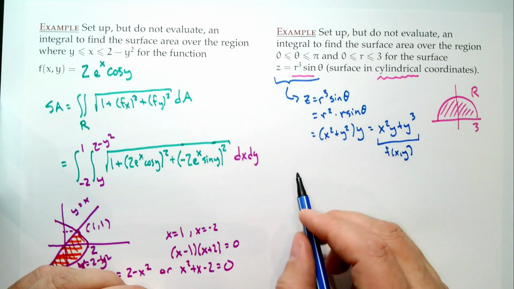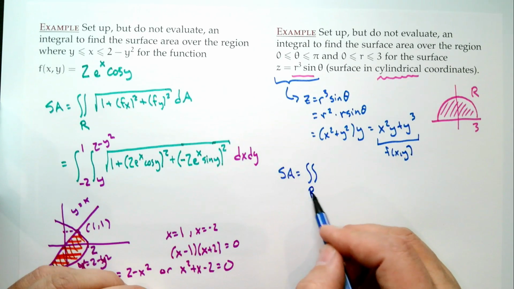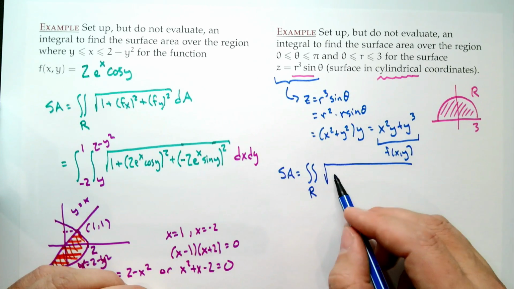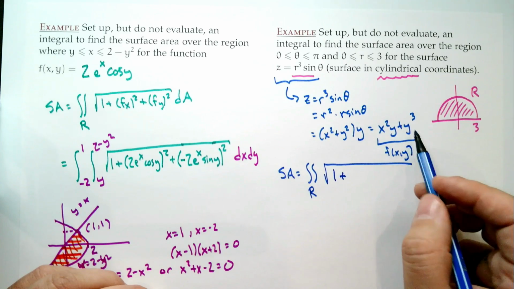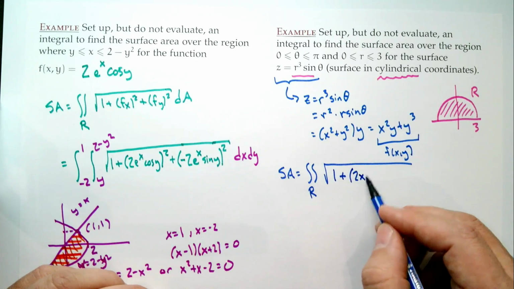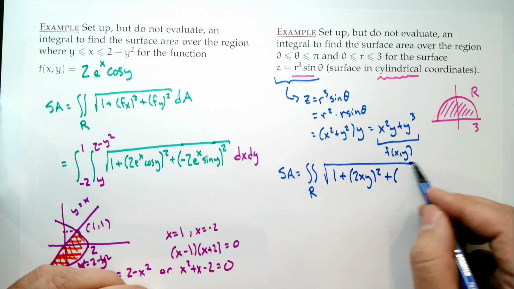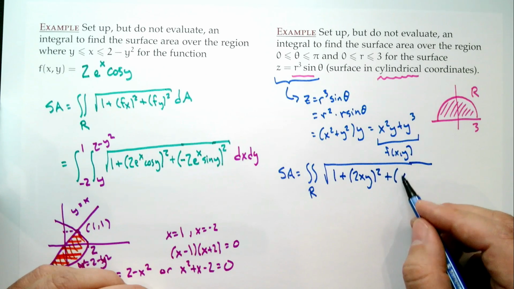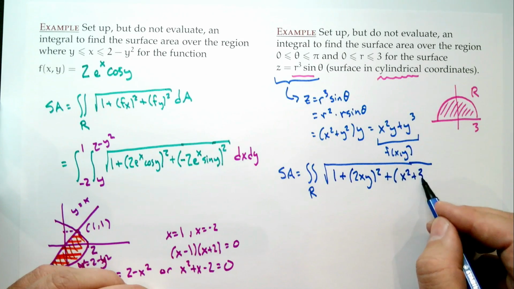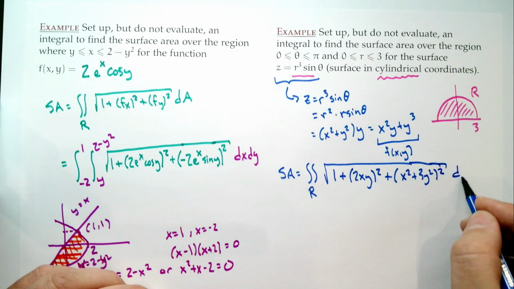Okay, so what do we get? Surface area is the integral over my region of the square root of 1 plus, what will f sub x be? 2xy, squared, plus f sub y, which is x squared plus 3y squared, squared, dA.